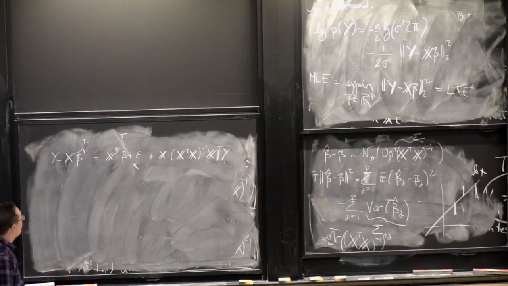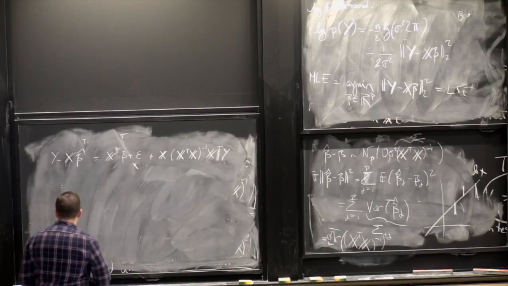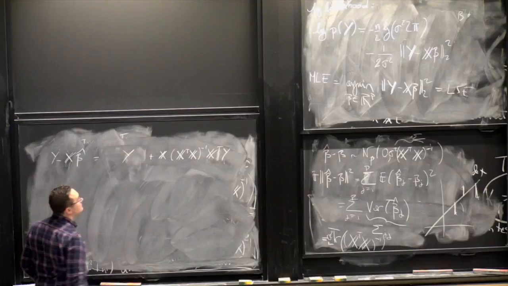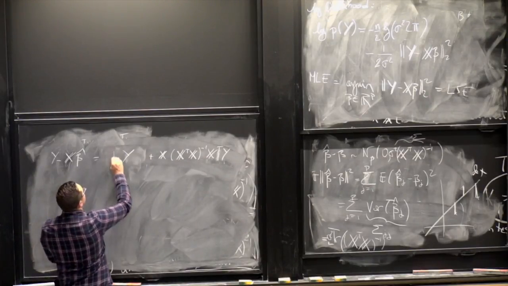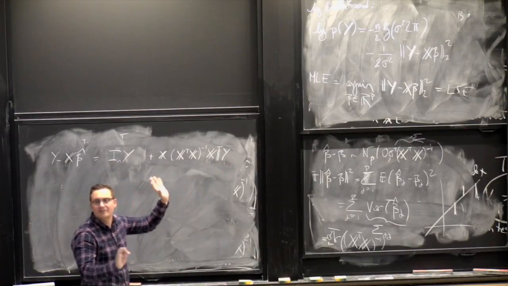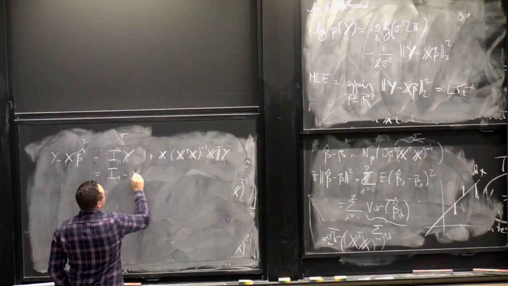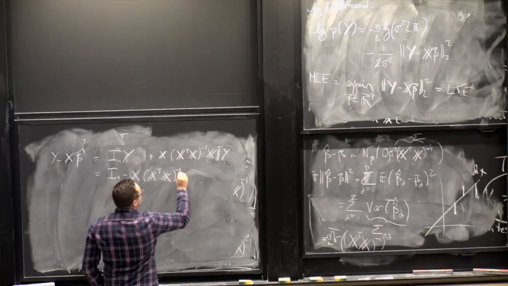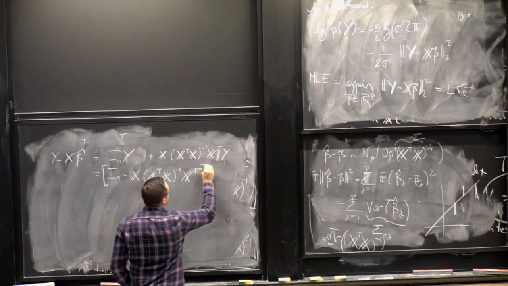Actually, maybe I should not write it; let me keep the Y as it is for now. So that means I have essentially the identity of R^n times Y minus this matrix times Y, so I can factor Y out. That's the identity of R^n minus X (X transpose X) inverse X transpose, the whole thing times Y.